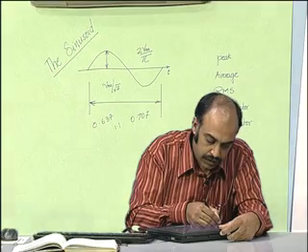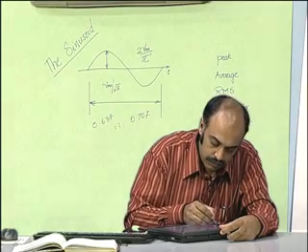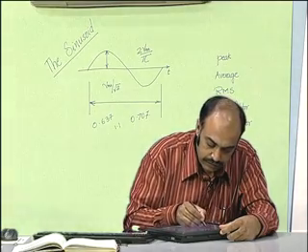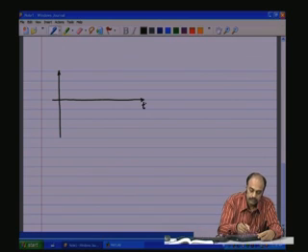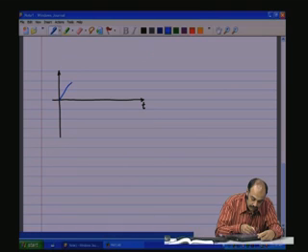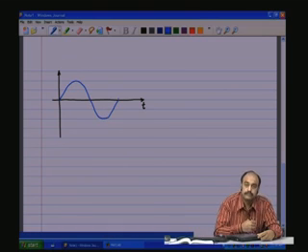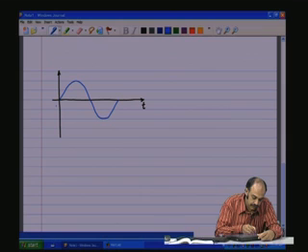Let me indicate to you, let us say this is T. Let us say the original sine wave was something like that. For a period, always I am going to draw for a period starting from 0. So, voltage waveform.